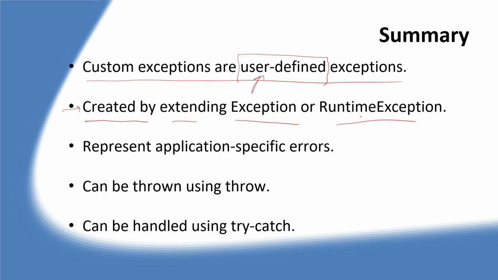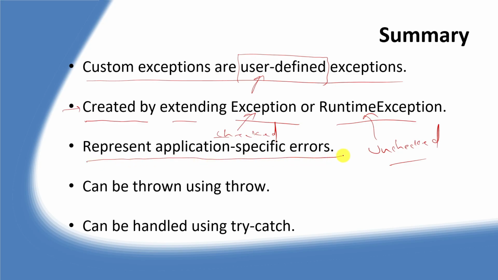So if we are creating a custom exception class extending RuntimeException, we call it an unchecked exception. And if we are creating a custom exception class by extending Exception class, it is called a checked exception. Okay, the rule is the same for built-in also, but I specified it explicitly here so that we can understand.